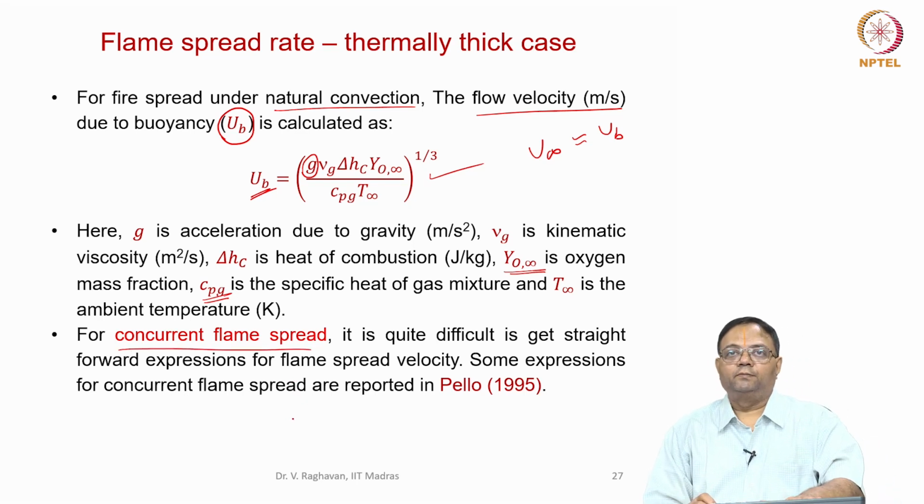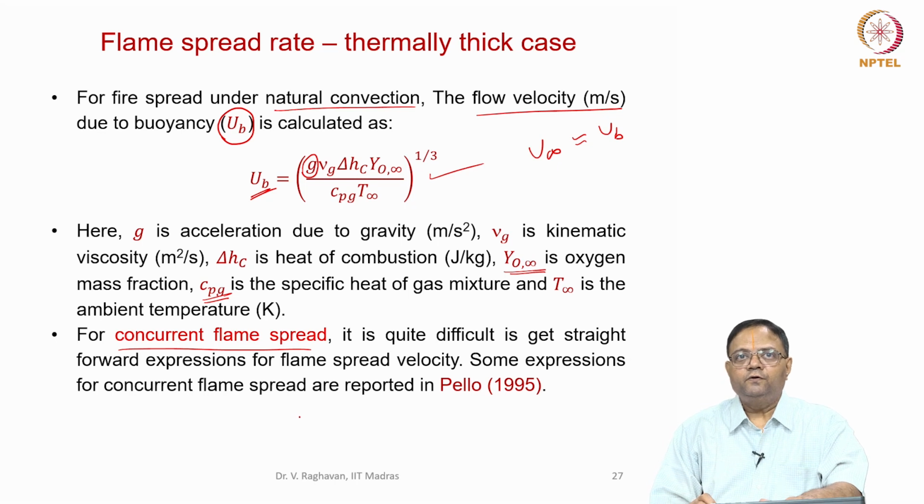Okay. So, now both these thermally thin and thermally thick case, we have seen only the expressions for opposed flow, opposed flame spread, that is the flame is spreading in the opposite direction to the air flow.